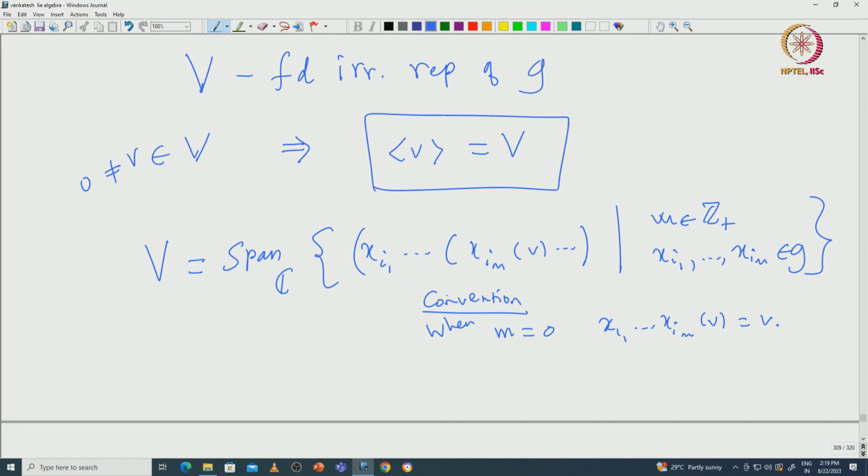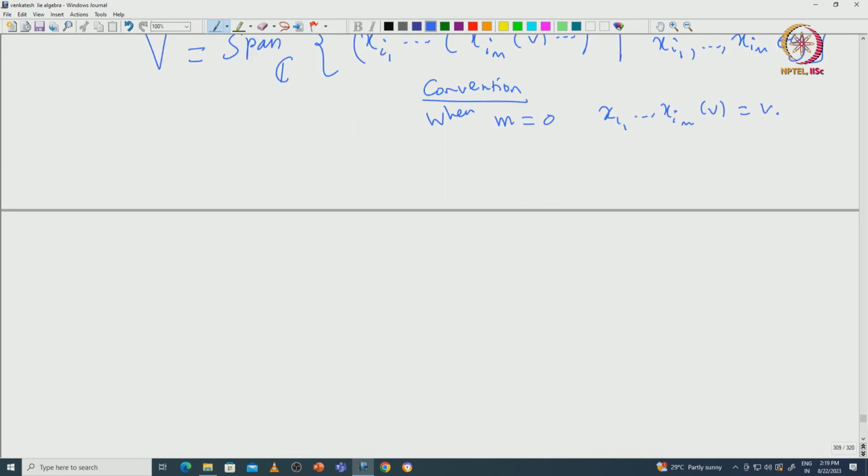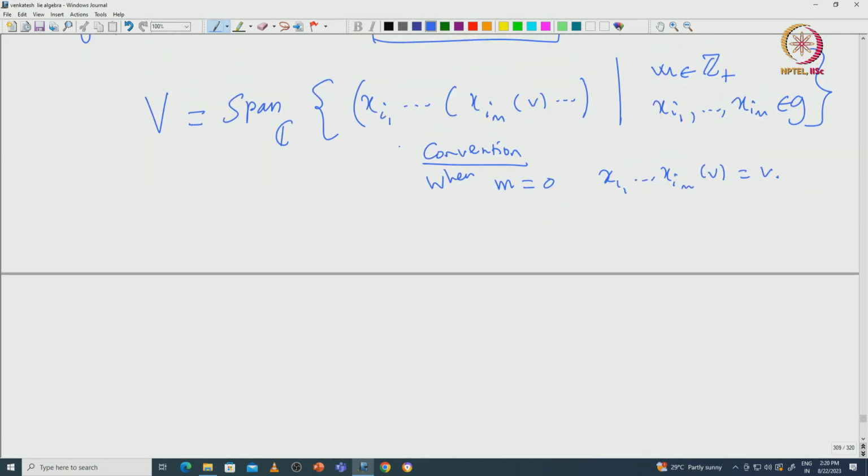Using that particular PBW basis of the universal enveloping algebra, we will be able to get a very specific spanning set for the irreducible representations of G. And then it is a very interesting question in representation theory whether one will be able to come up with a nice basis coming from this PBW type spanning set.